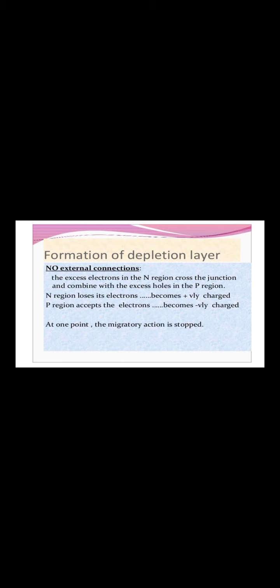At one point, the migration is stopped. For example, in p-type material suppose 5 holes are present and in the n region 6 electrons are present as majority carriers.